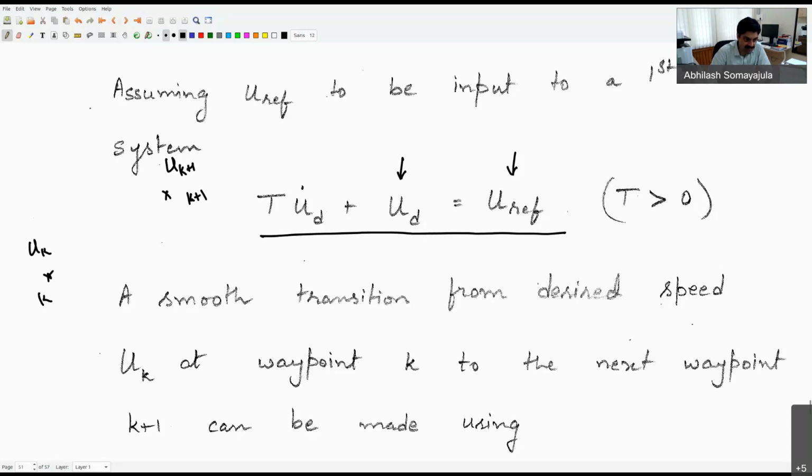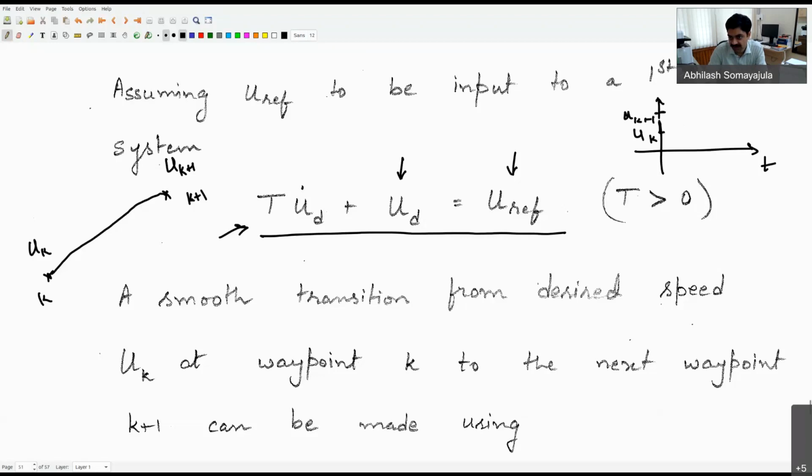So the moment I am reaching here and I am undertaking this path, I'll specify my desired speed across this trajectory is given by this differential equation which you see here, where t is a time constant, ensuring that over time I start at some value uk and I reach some value uk plus 1.